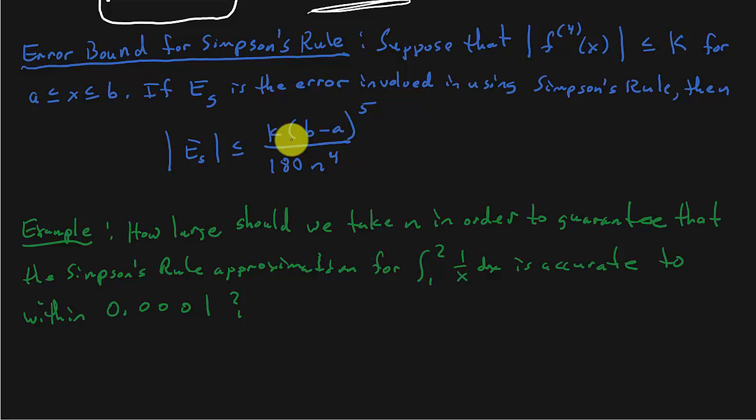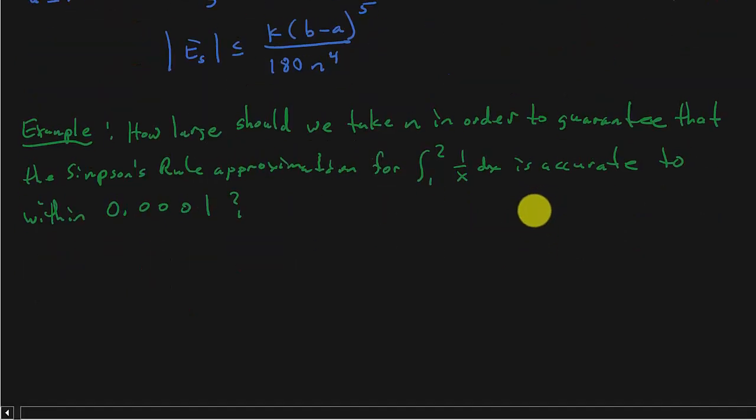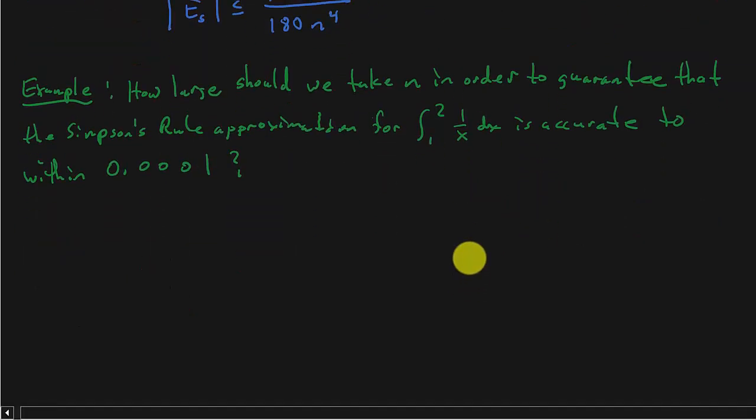All right, so let's look at an example. How large should we take n in order to guarantee that the Simpson's rule approximation for the integral of 1 over x dx from 1 to 2 is accurate to within 0.0001? So I've got f(x) equal to 1 over x, and this time I need the fourth derivative.